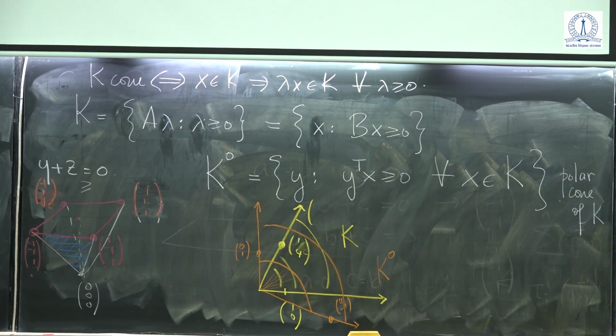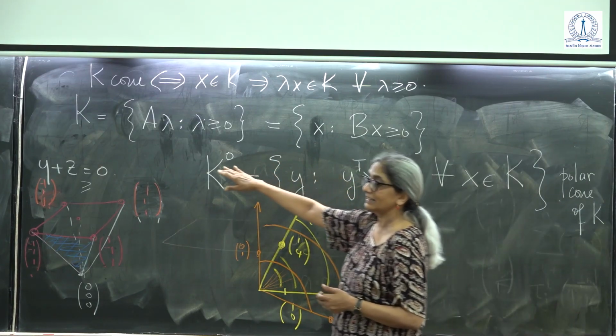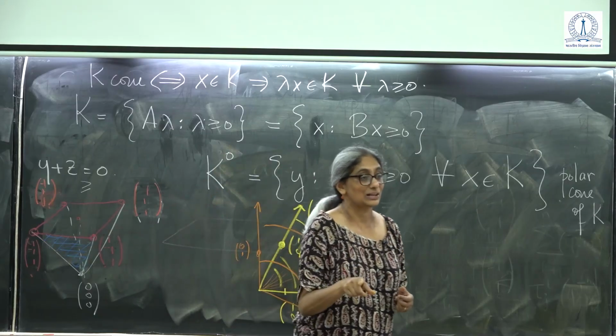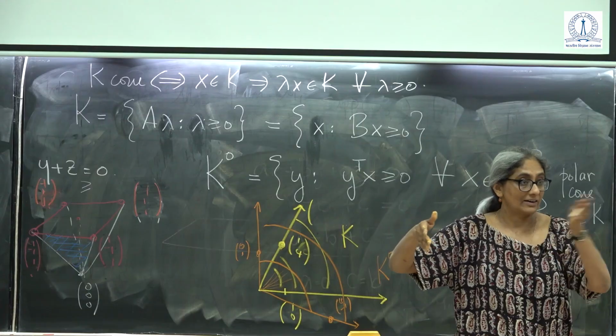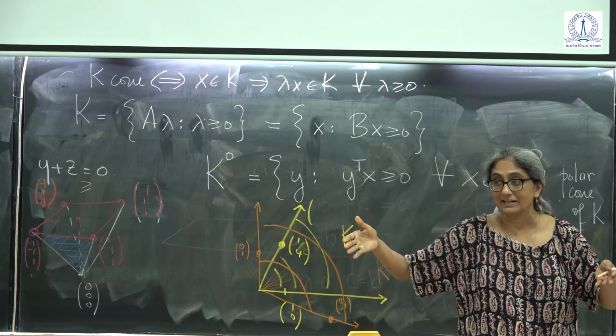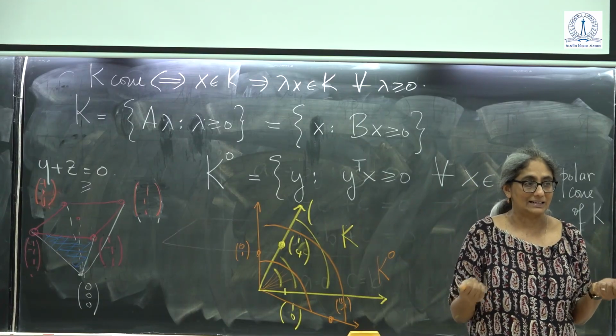Because you can use λ to be just 1 on one column and 0 everywhere else. So the columns of A are there, right? Now everything in K polar must make non-negative inner product with everything in K, in particular with the columns of A, right? Columns of A are in the cone, so it should make non-negative inner product with the columns of A. So how do we write that part mathematically?